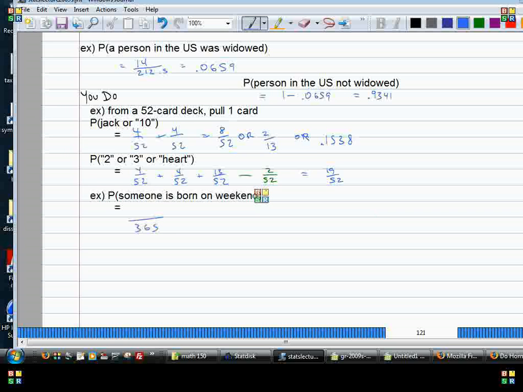Most people try to figure out of a year how many days are weekend days. But that's hard, and not only is it hard, it's impossible, because how many weeks are in a year? It's 52 weeks plus a day, and that plus a day is the problem. 52 weeks is 364 days, so a year is not exactly 52 weeks.